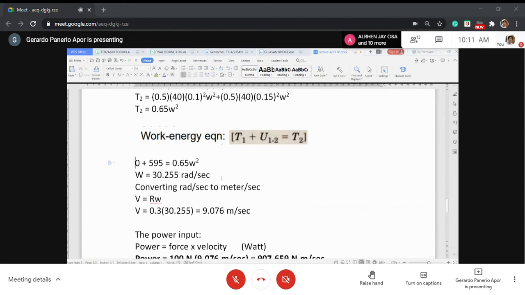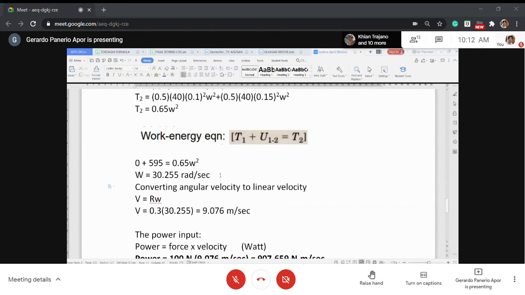Now we can convert this angular velocity to linear velocity. So velocity is just equal to radius times angular velocity. Since we get already the angular velocity in radian per second, kung angular velocity usa siya ka kusog ni tuyok.